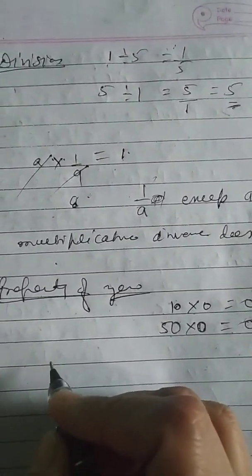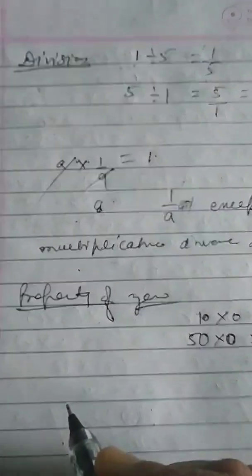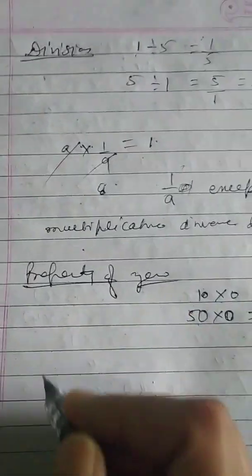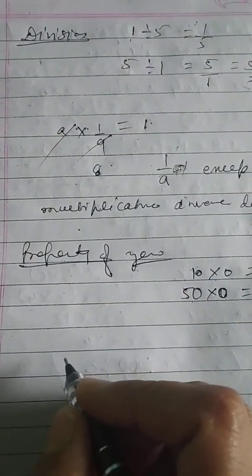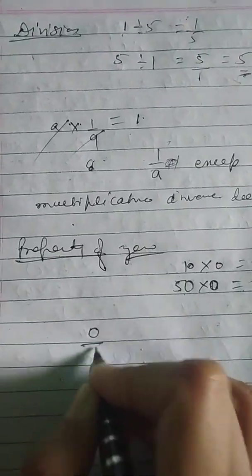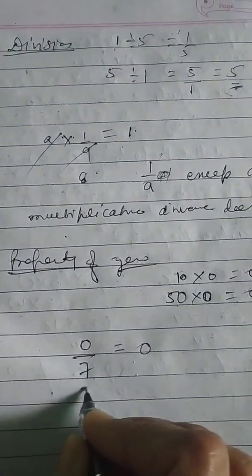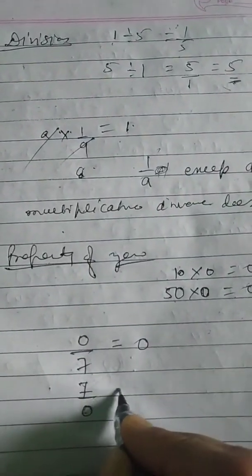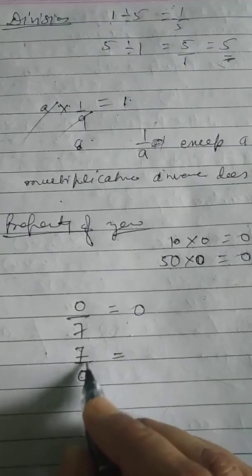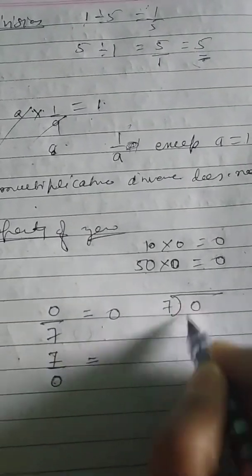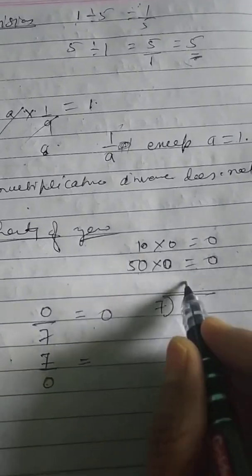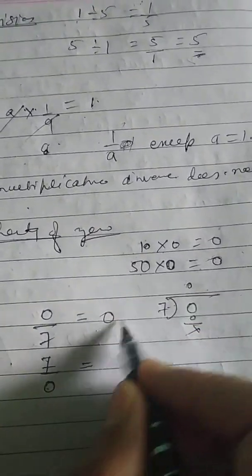And for division, the property of 0 is also very important. Look here. Suppose 0 divided by any number, we will get 0. But 0 cannot divide any number. Its value will never come. 7 zeros are 0, so we have got 0 only.